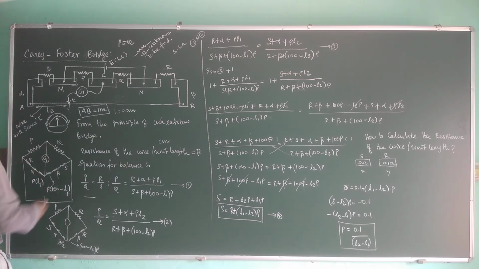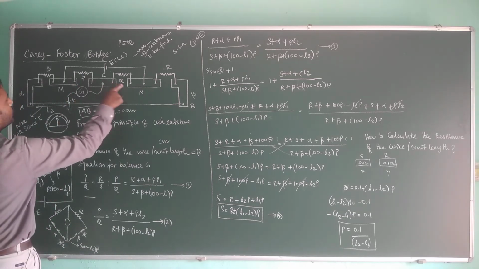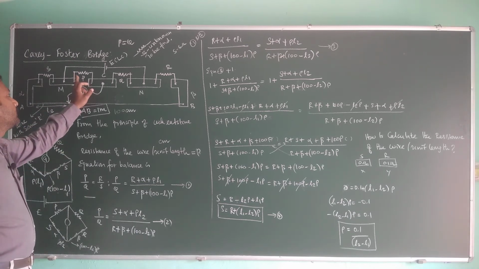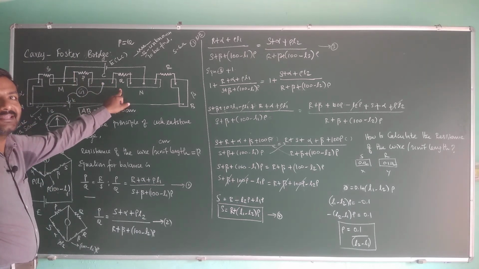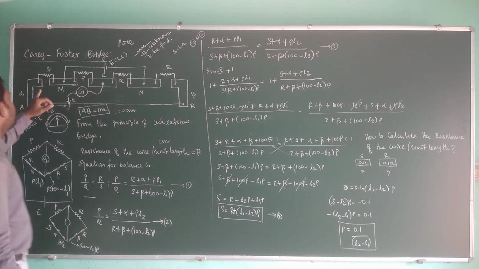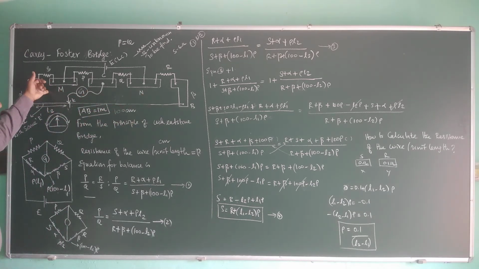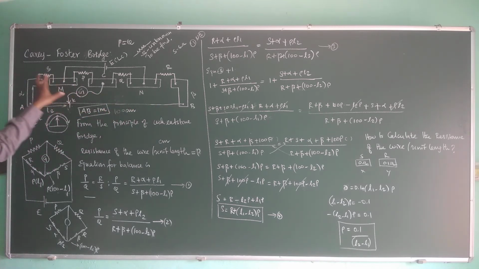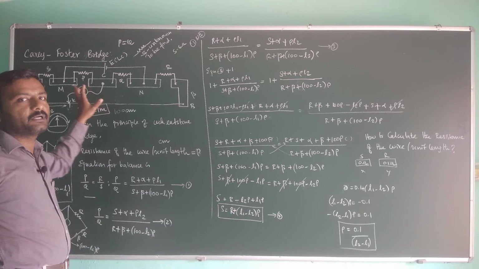Here let us consider 2 gaps in the middle. We connect the resistors P and Q which are equal. Then in the other 2 gaps we are connecting one unknown resistance on one side, and on the other side an equal order of known resistance in the form of a decade resistance box.